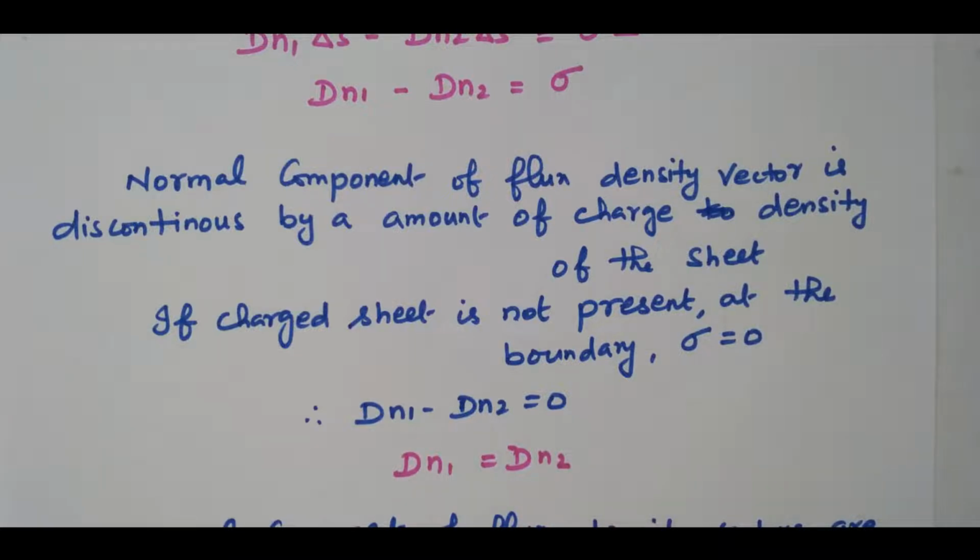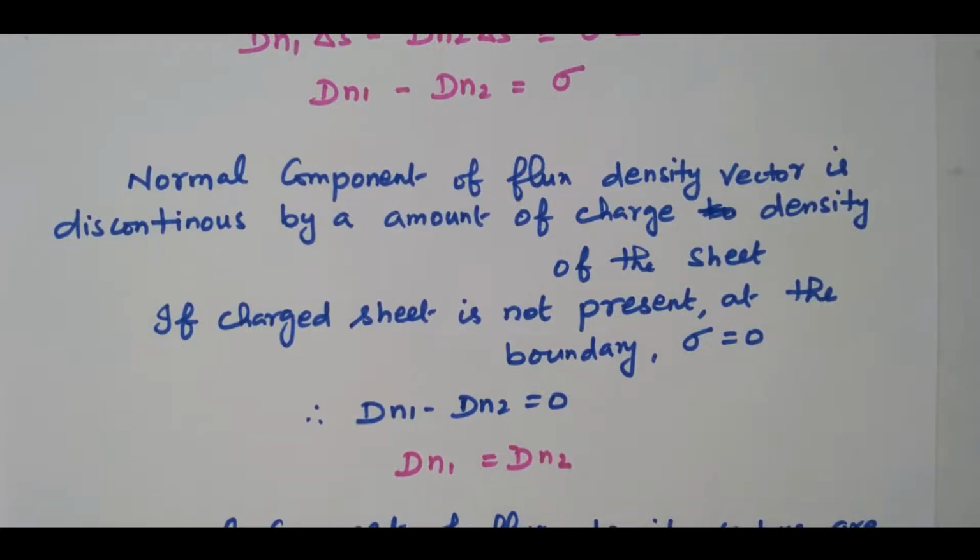So the flux line flowing from one dielectric to another dielectric will be continuous if no charges are available. If any charge is available, it will be discontinuous. That is the conclusion we got. If the charge is not available, they are all equal.